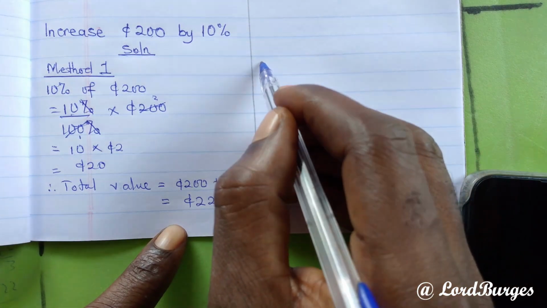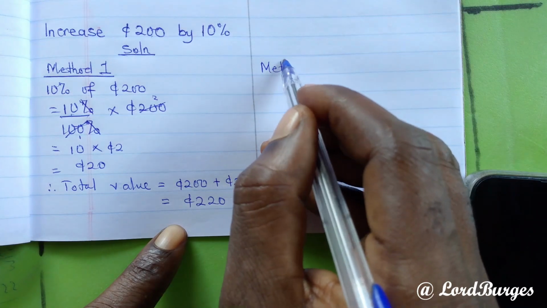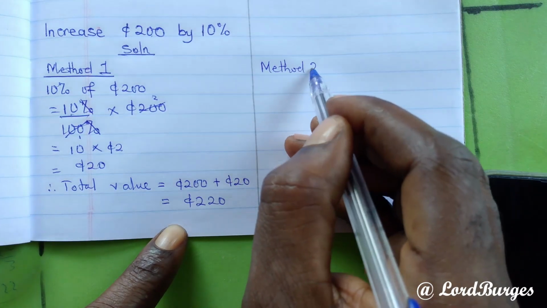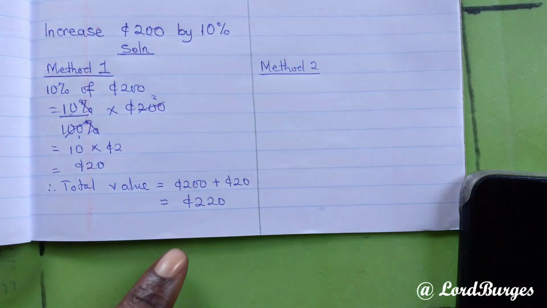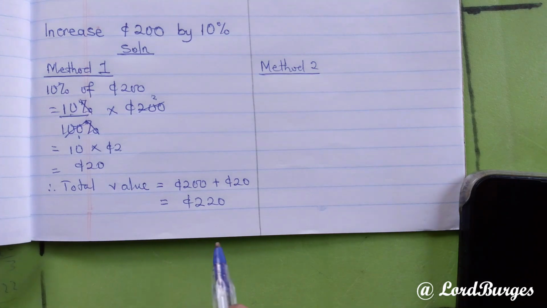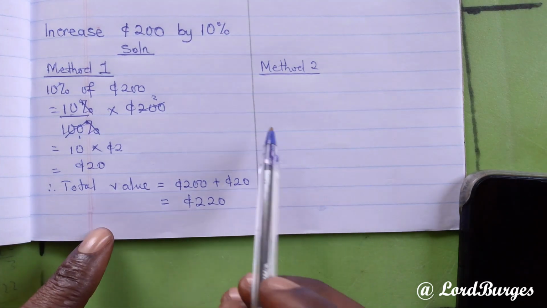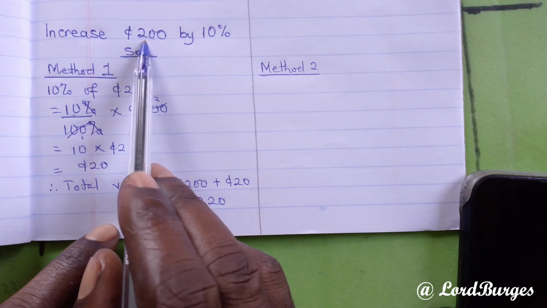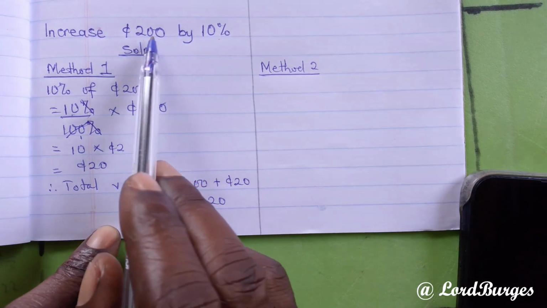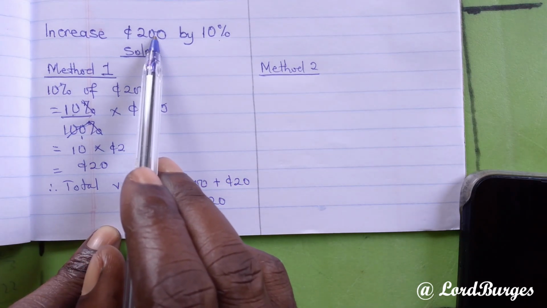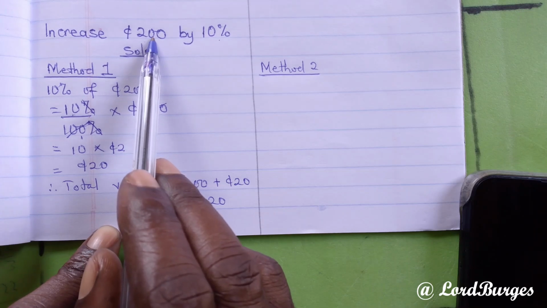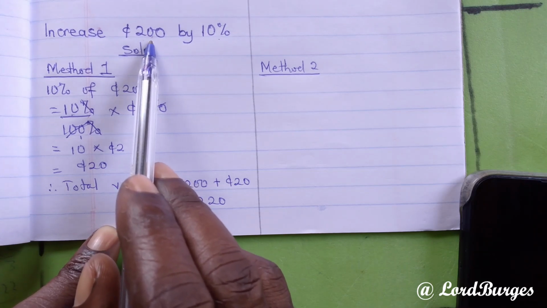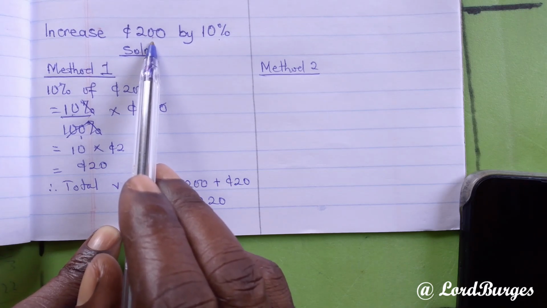Let's look at our method 2, which is the shortest one. Looking at what we have over here, 200 cedis was increased by 10%. The 200 cedis is the original amount, and original percentage we know is 100%.